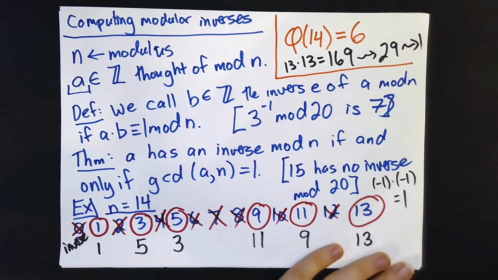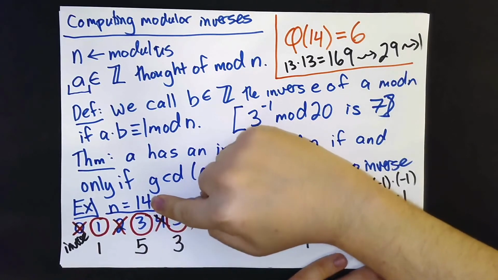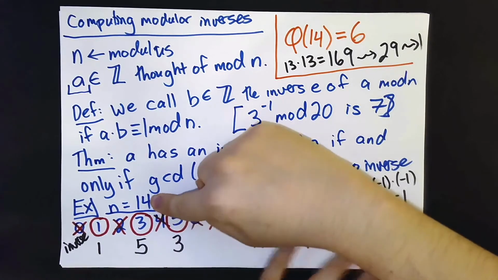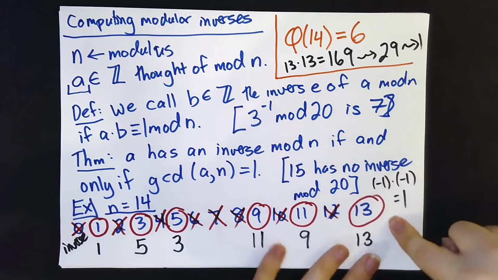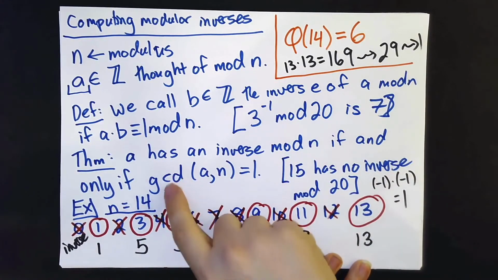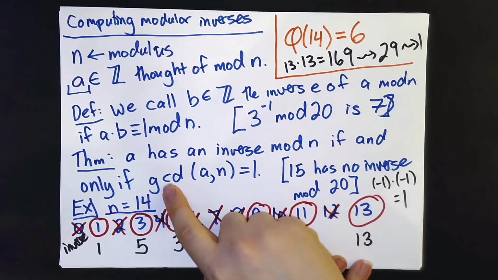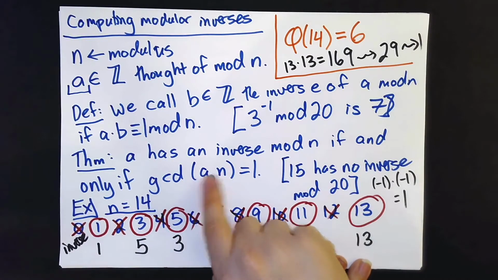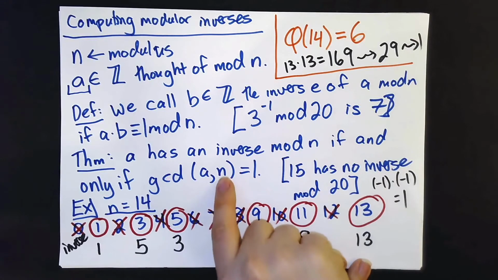Before I do that, I want to remind you, if you take a prime modulus, then instead of having this weird sort of subset of things whose inverses you can take, it becomes very easy to satisfy this condition that the GCD with n is 1, because if n is prime, everything except 0 mod n has GCD 1 with it.